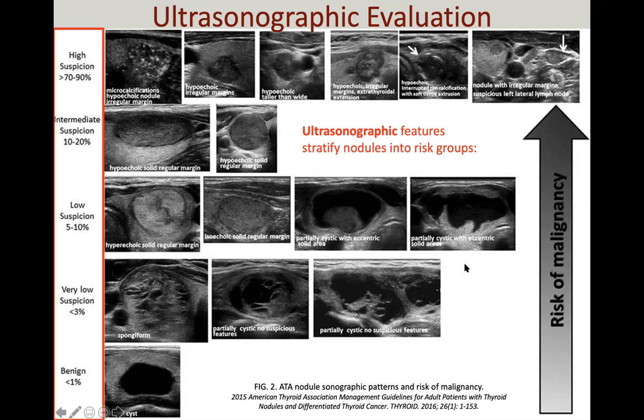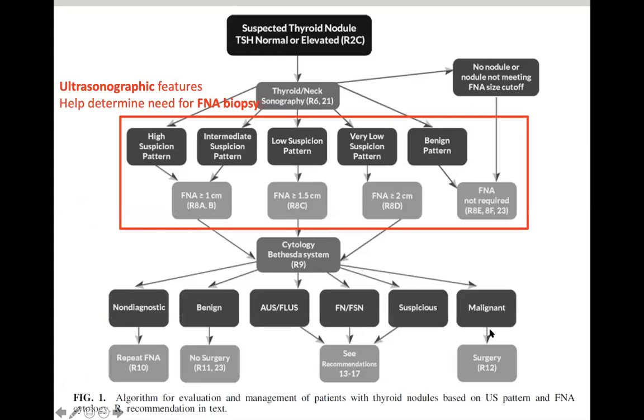So depending on where a patient lies on this spectrum, they may be directed for FNA biopsy. Based on the ultrasonographic suspicion pattern, as well as the size of the nodule, the larger the nodule gets, the more likely it is to be biopsied. Small, less than 1 centimeter, low suspicion may just require clinical observation, and so on.